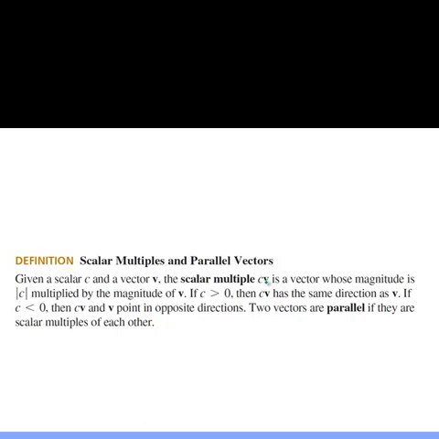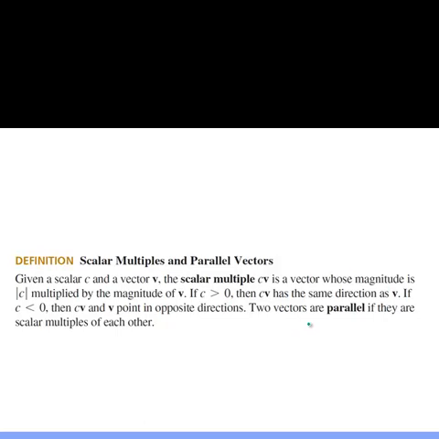The result is a new vector with the same direction, but a magnitude that is the absolute value of c multiplied by the magnitude of v. Now, it'll point in the same direction as v if c is a positive number. If c is negative, it'll point in the opposite direction.